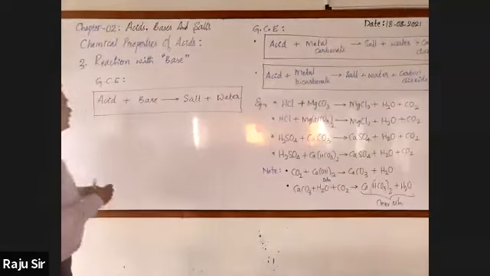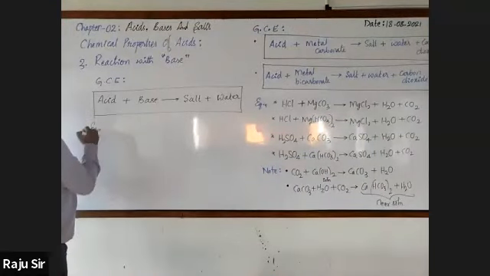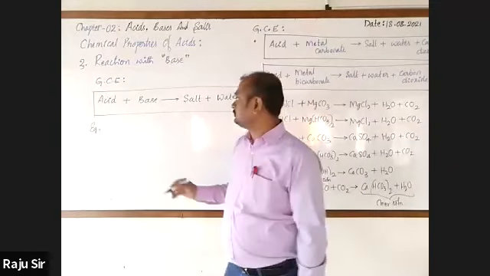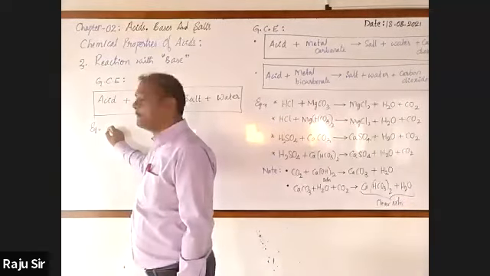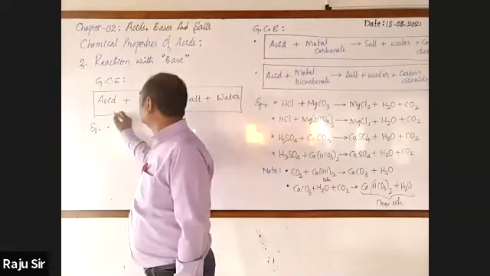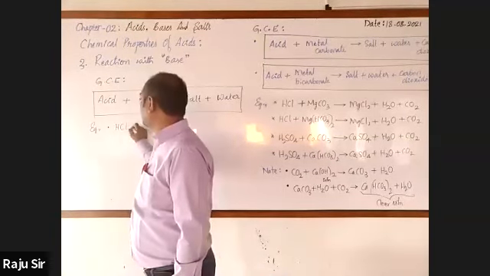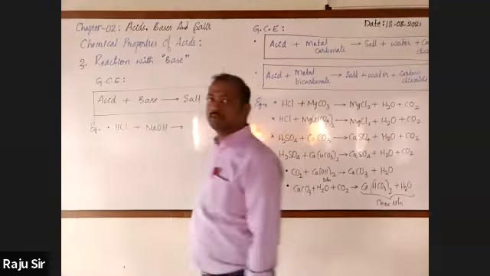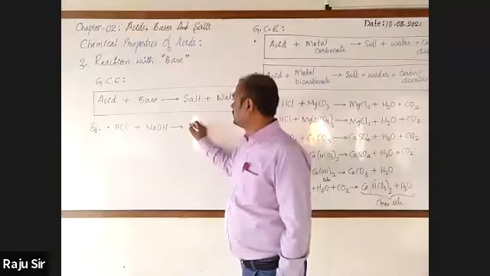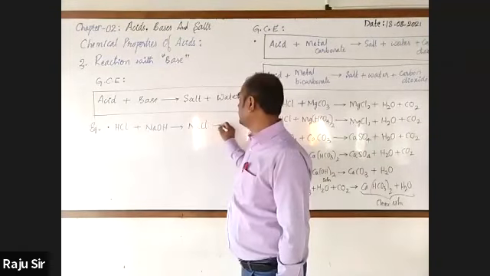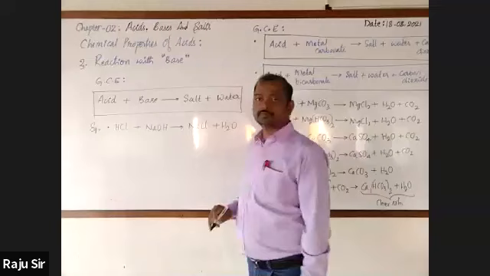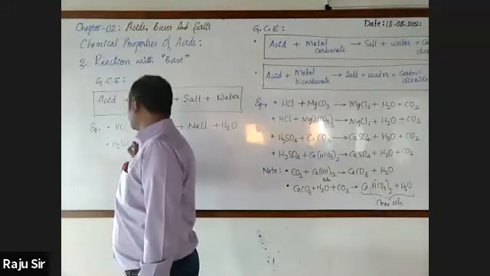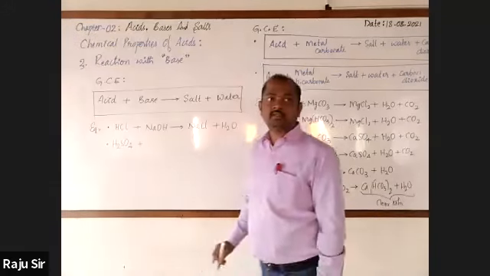Now let us take a few examples. HCl plus NaOH gives rise to NaCl, the salt is NaCl, plus water, H2O. Next, H2SO4, this is sulfuric acid.